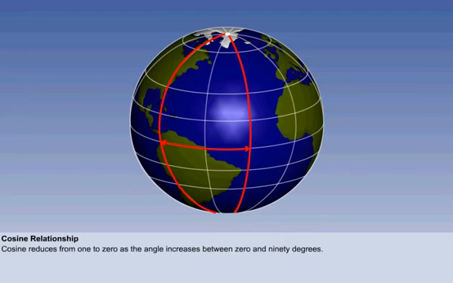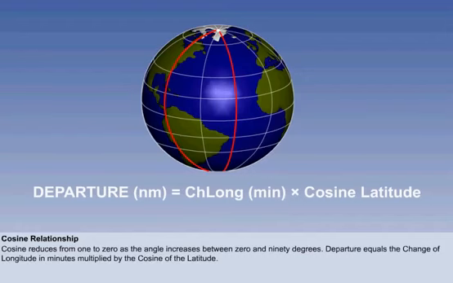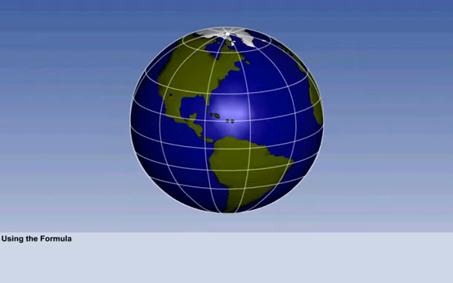The relationship between departure and change of longitude is therefore defined by the cosine of the latitude. This gives us the basic departure formula. Departure equals the change of longitude in minutes multiplied by the cosine of the latitude. Consider two meridians on the Earth, joined by a parallel of latitude.